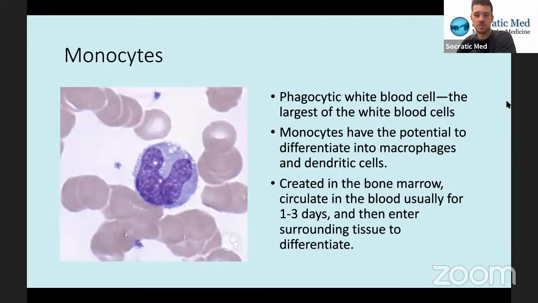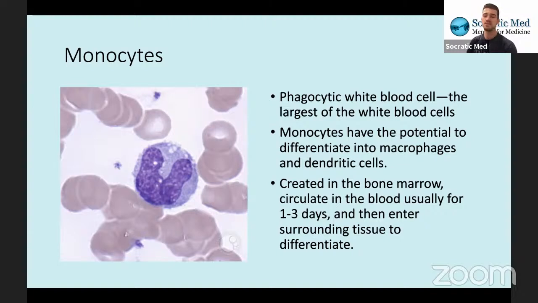And monocytes, like we just mentioned, are also another phagocytic white blood cell, and they're the largest of the white blood cells. So monocytes have the potential to differentiate into macrophages and dendritic cells. Dendritic cells are another immune cell. These monocytes are created in the bone marrow. They circulate in the blood usually for 1 to 3 days, and then they enter surrounding tissue to differentiate. So they're doing a lot during their life.